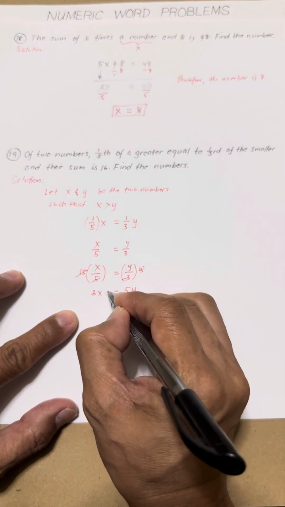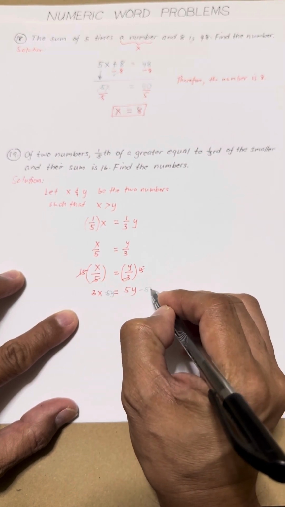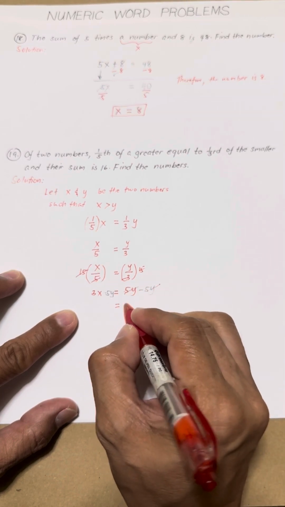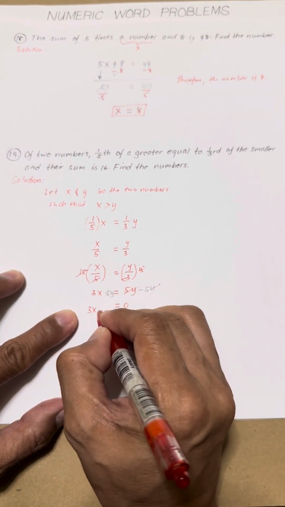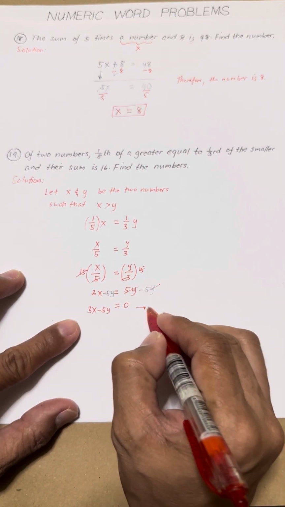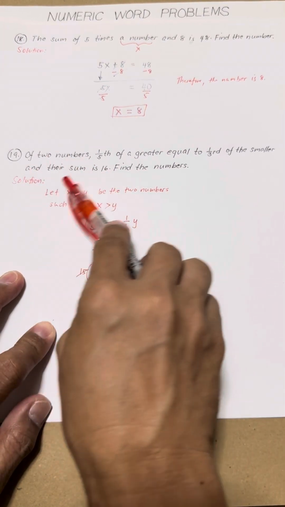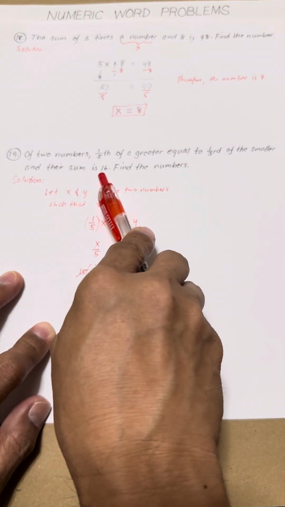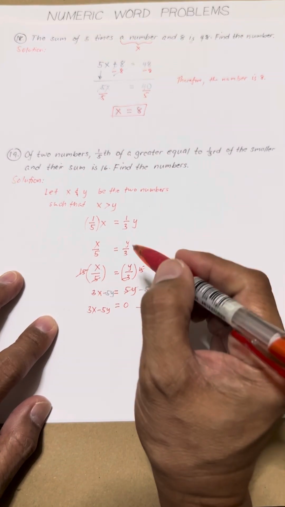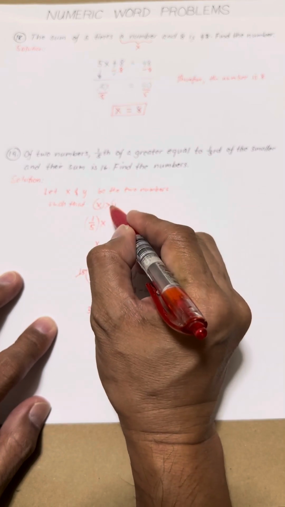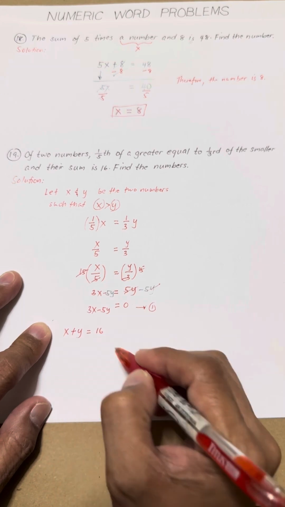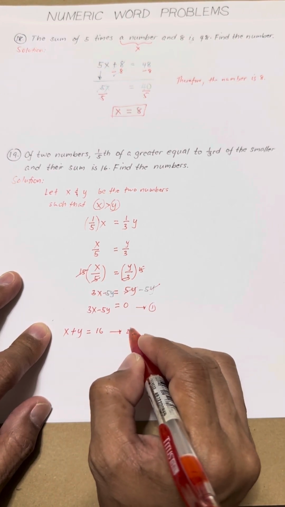This cancels out, so our right side is equal to 0, and our left side is 3x minus 5y. This can be our equation 1. Then there's another statement given, and their sum is 16. It means the sum of x and y is 16, so x plus y equals 16. This is our second equation.